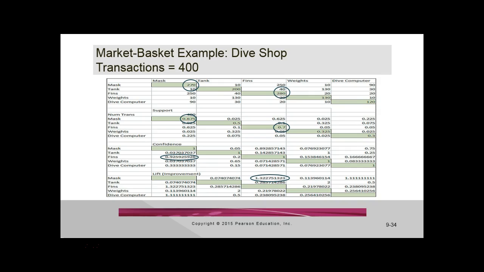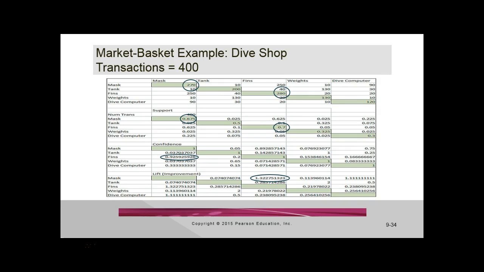However, if we know they bought a mask, what happens to that probability? We just saw that. It goes up to 92%. So if they buy a mask, does the probability that they buy fins go up or go down?